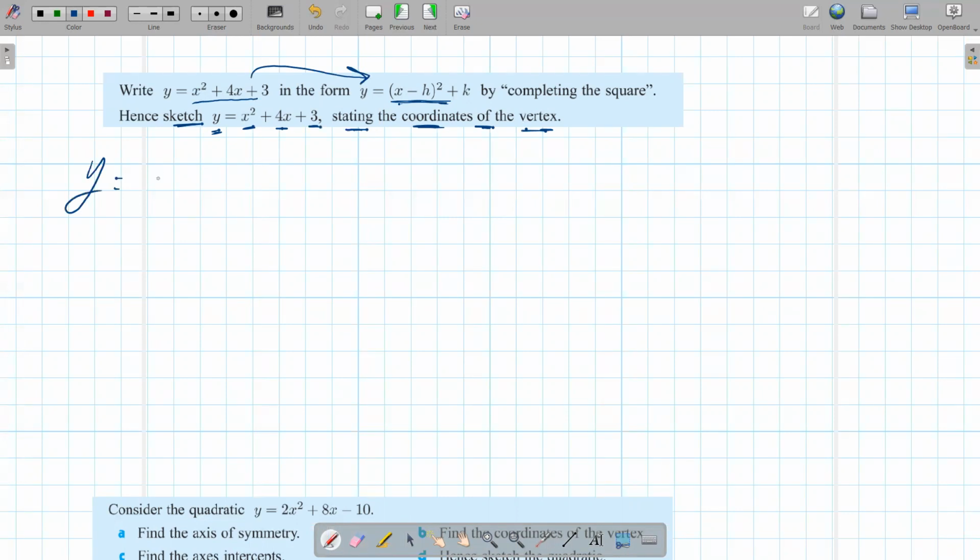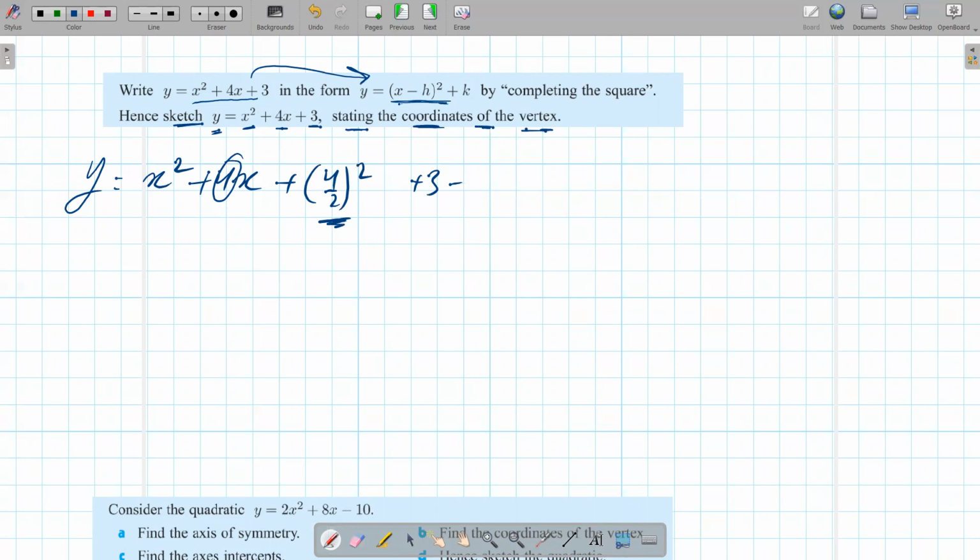Then y equals x squared plus 4x. In this scenario, we need to add and subtract a specific value: half of the coefficient of x, which is (4 over 2) squared.